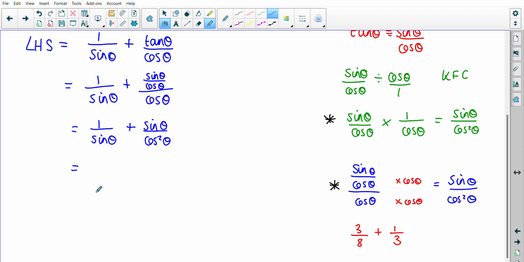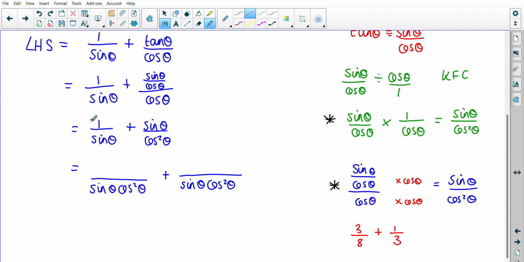So I'm going to write it as 2 fractions first of all. With a common denominator. I've just multiplied the denominators. Now I've times sine on the denominator by cos squared theta.